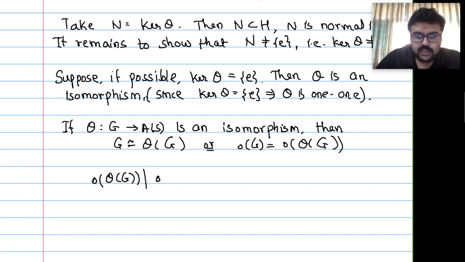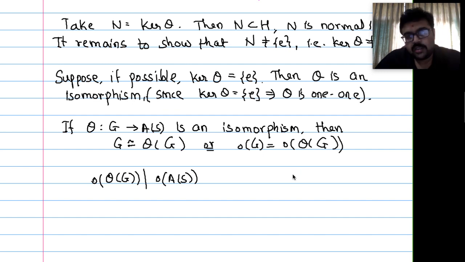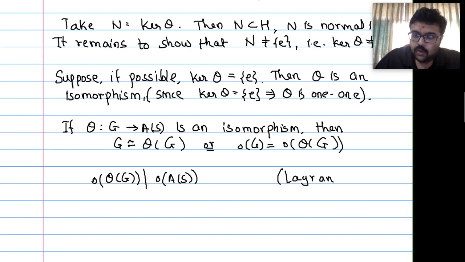So order of theta G divides order of AS. It is a finite group, so we can write order of AS. Otherwise, AS is infinite if S is infinite. But the group is finite, so the number of cosets is finite, and therefore AS is a finite thing. So this is by Lagrange's theorem: order of subgroup divides order of group.